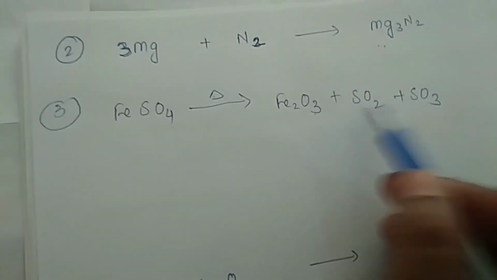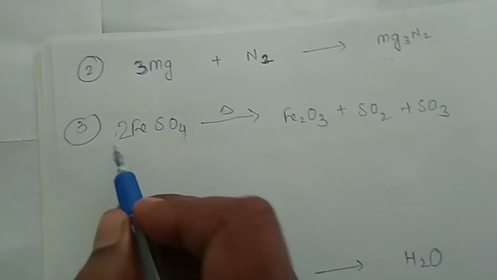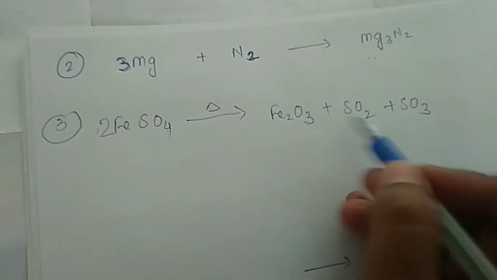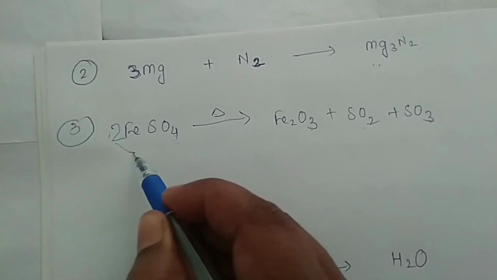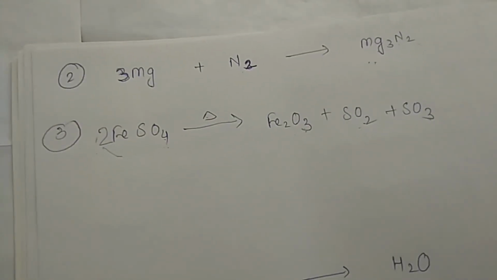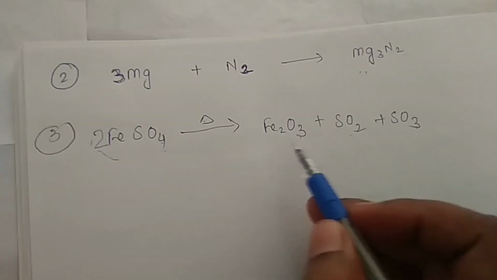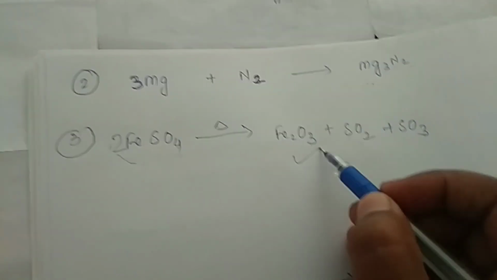If we multiply 4 by 2, we get 8 oxygen, and on the other side 3 plus 2 is 5, 5 plus 3 is 8 oxygen. There are 2 sulfur and 2 iron. So it is chemically balanced.